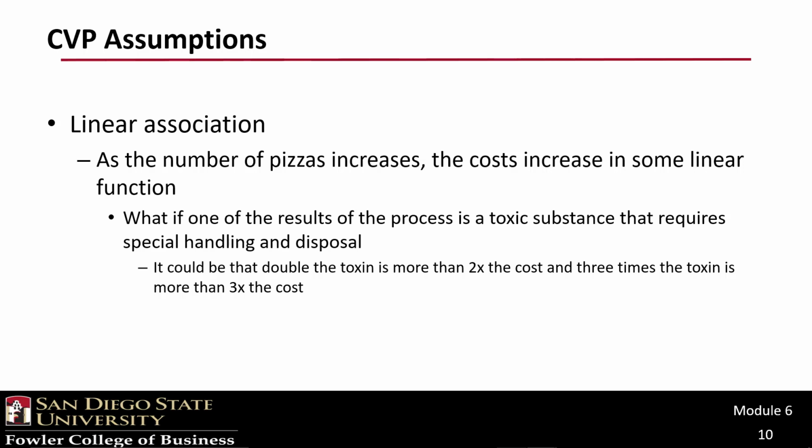And that toxic substance requires special handling and disposal. And it could be that if we doubled the amount of the pollution we made, it would be more than 2 times the cost. And it could be that if we made 3 times the amount of pollution, it would be more than 3 times the cost. So that would be a non-linear relationship. And as a result, it wouldn't work well for our CVP basic calculations that we've been using.